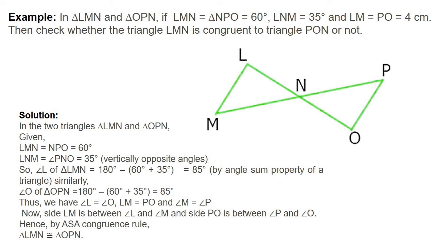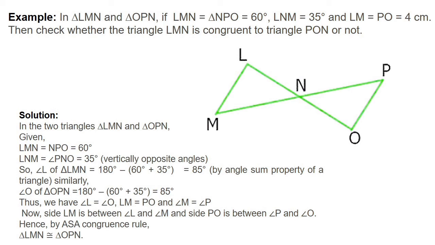For the solution, we take the two triangles LMN and OPN. Given things are angle LMN equal to angle NPO, that is 60 degrees, and angle LNM equal to angle PNO, which is 35 degrees.